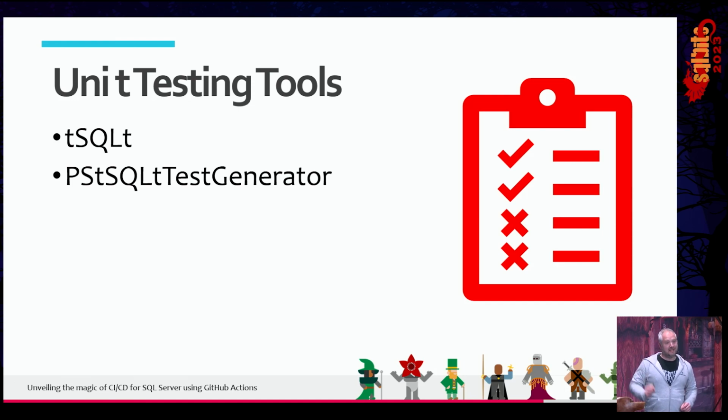I am lazy as hell when it comes to repetitive tasks. So what I did was I wrote a PowerShell module called the PSTSQLTestGenerator. This is in the PowerShell Gallery, so you can just install it and use it. It will take a snapshot of your database or look at all the objects of your database and generate basic unit tests for your project, for all the different objects.